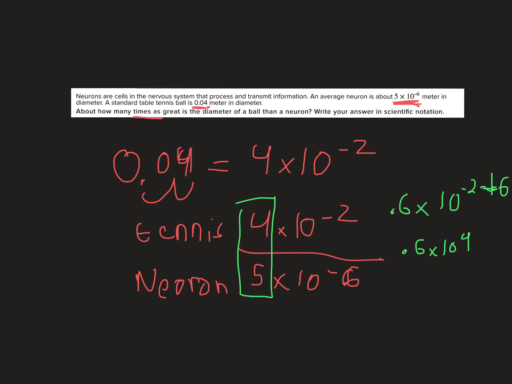Technically, when it comes to scientific notation, we want at least one number in front, and then if there's anything left over, it goes behind the decimal. So, in that case, we're going to want to take that decimal and move it over once, making it 6 times 10 to the 5th power.